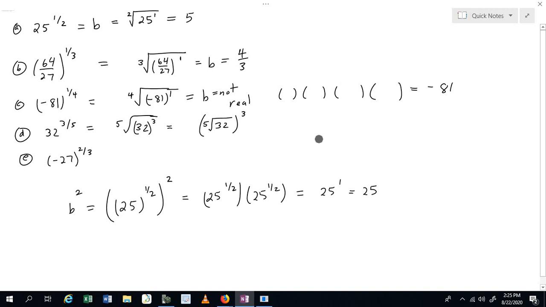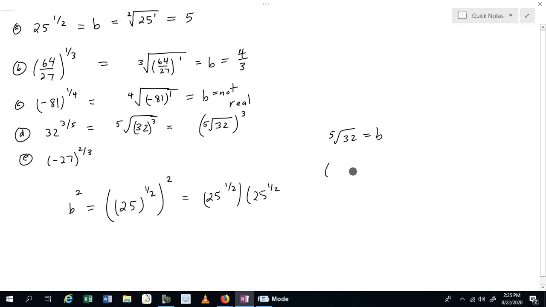So let's see, the 5th root of 32. When you say the 5th root of 32 is equal to some number b, what does that mean? That means you're trying to find some number that you can multiply by itself 5 times and get 32.